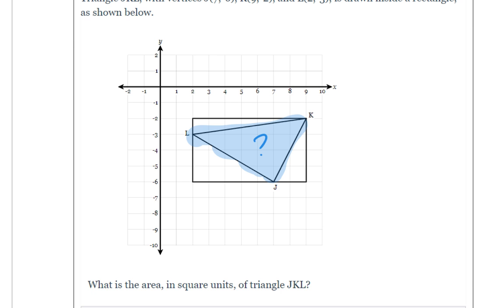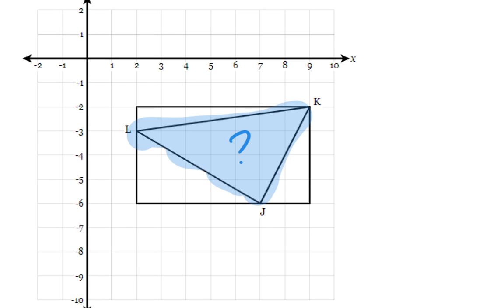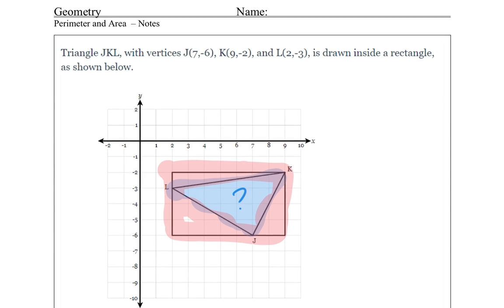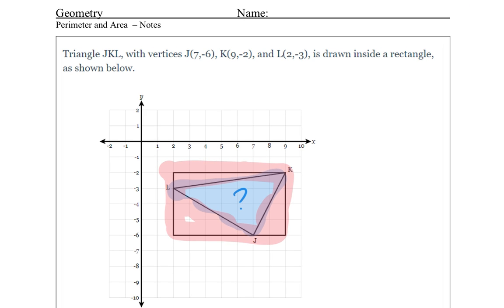That's difficult. So here's what we're going to think. What if we found the area of the whole thing and then just subtracted these? That would leave us with what we need, right? So if we cut that out, first step is the area of the whole shape, the whole area.